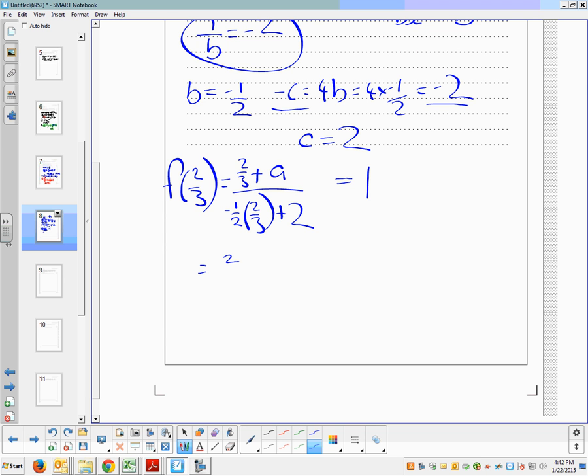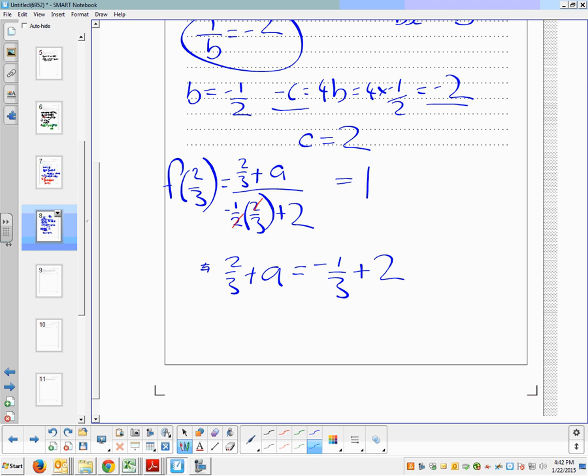Let's just look at this: it is equal to -1/3 plus 2. Is that right? Yeah, because these cancel. So we've got 2/3 plus a is -1/3 plus 2.